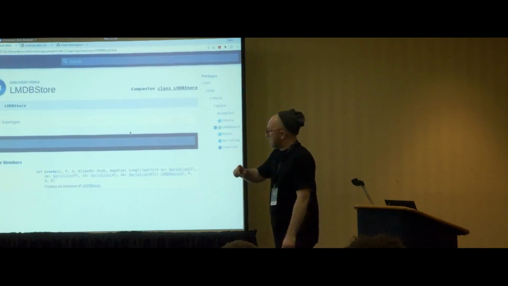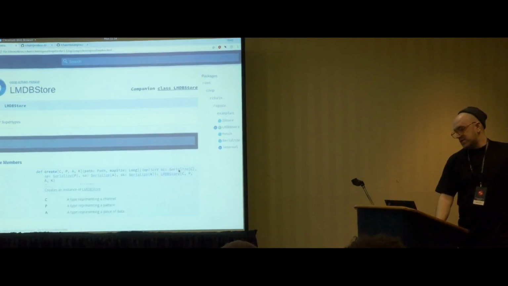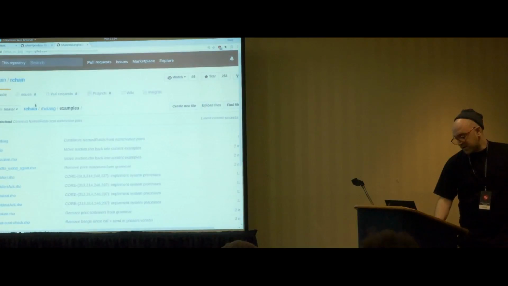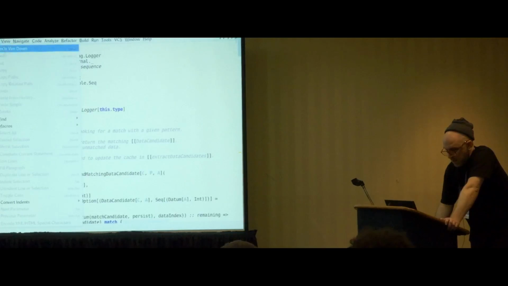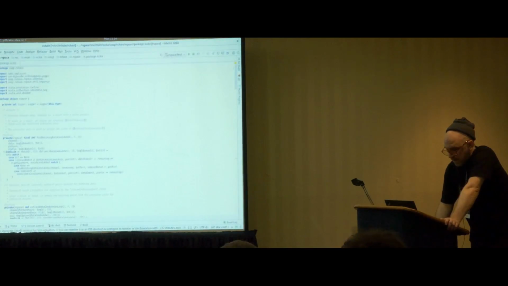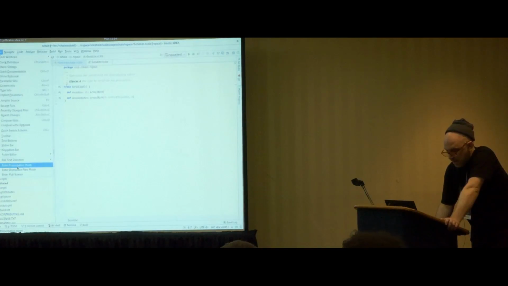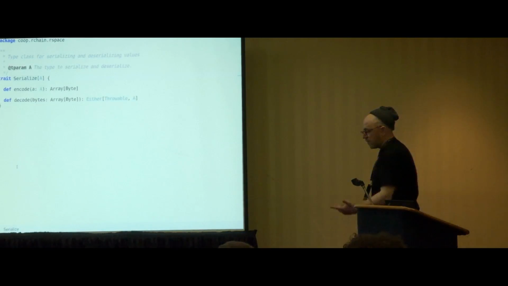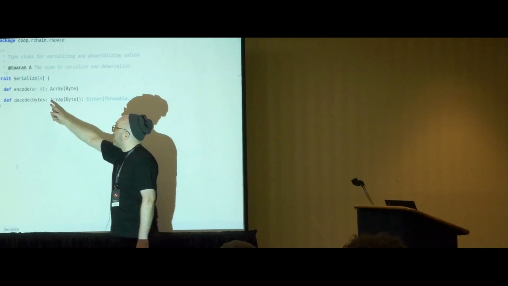The constraint is that you have to be able to implement an instance of the serialize type class, which basically means that you can take your type and, actually, I'll just show you the code. It's a little easier to understand in the code. So if you have a channel type or a pattern type or a data type or a continuation type, your type has to implement these 2 functions, encode and decode.